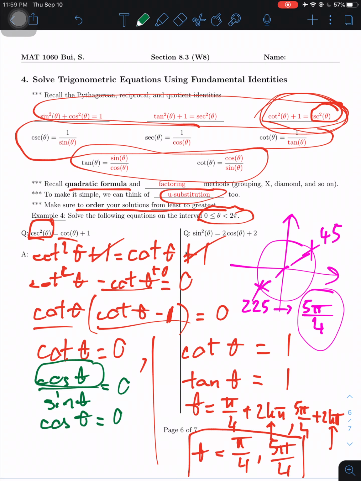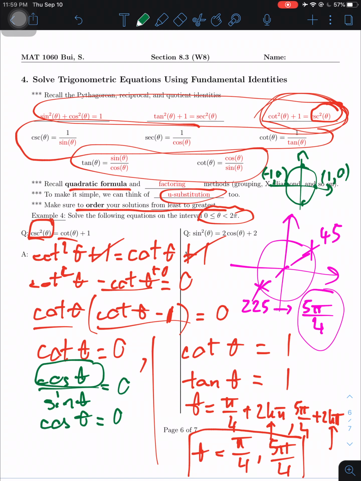Because 0, -1, and 1 refer to the quadrantal angles, if you want, you can draw a picture of your quadrantal angles here and label all the points really quick. This one is 1, 0, and this one is -1, 0, and so on for the other ones, 0, -1.